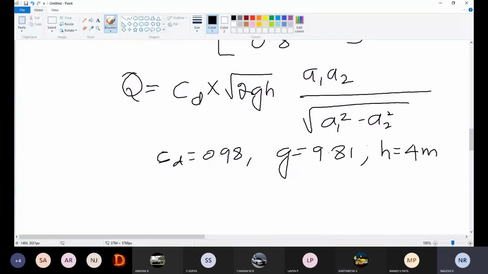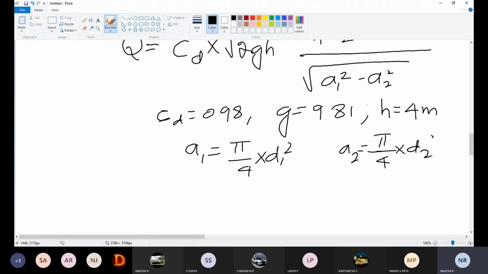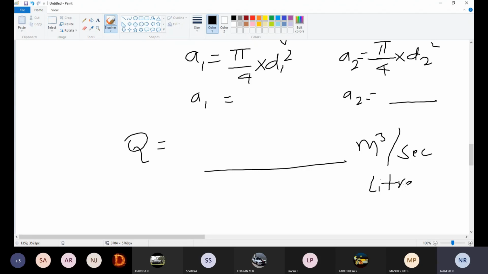Then what are A1 and A2? The diameter is given, and A is pi by 4 into D square. Then substitute all these values in Q. You tell me the final answer of Q, in terms of meter cube per second, and then in terms of liter per second. Both I need.